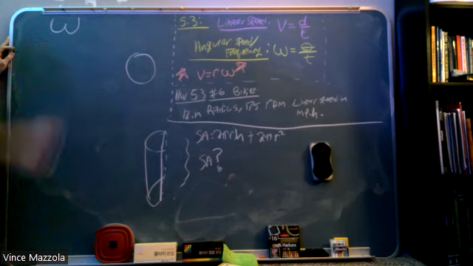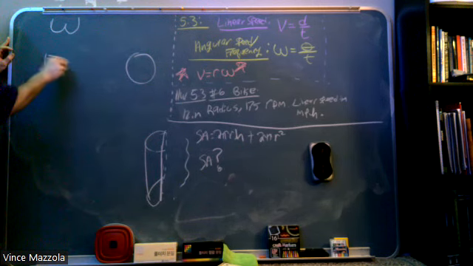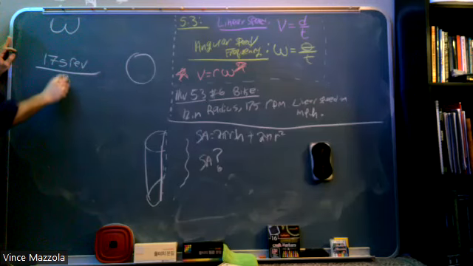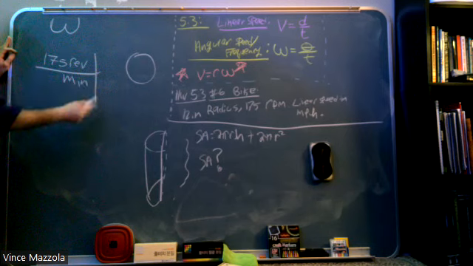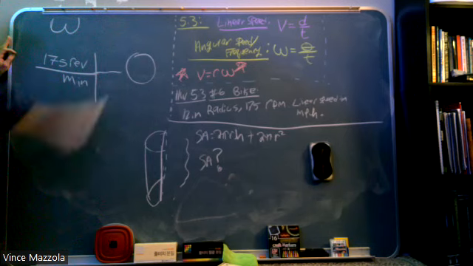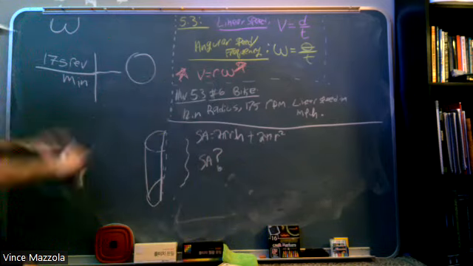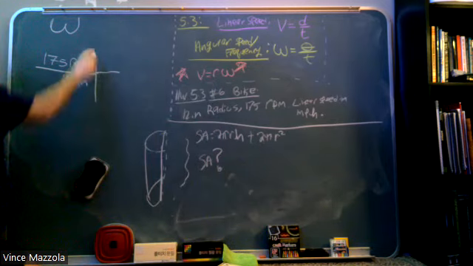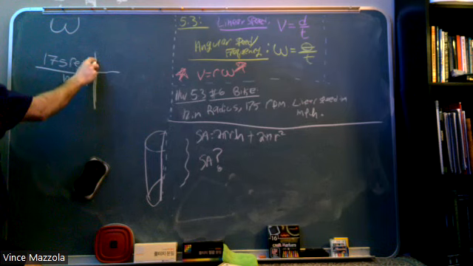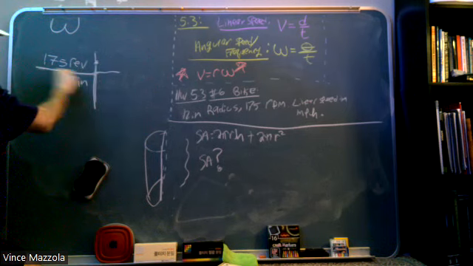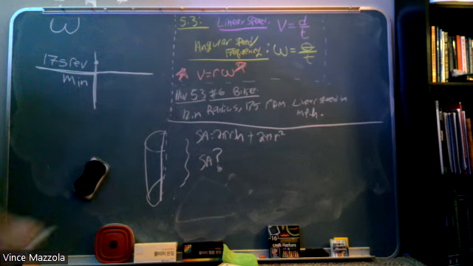So firstly, you have 175 revolutions divided by 1 minute. Because in 1 full minute, you do 175 revolutions. And here, we want to create this fence post. Now, what is a fence post? Well, each of these vertical lines are multiplication, while the horizontal lines is known as division.